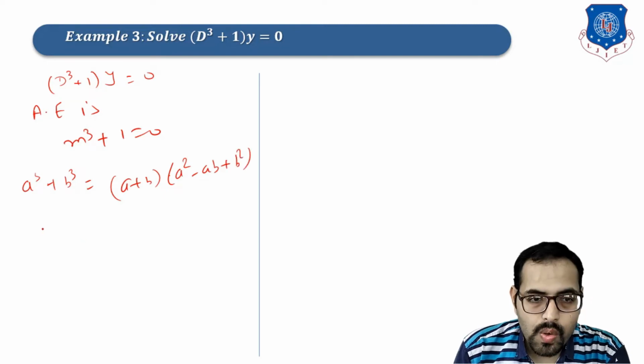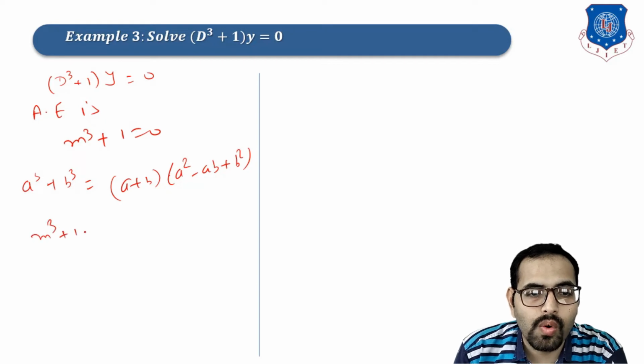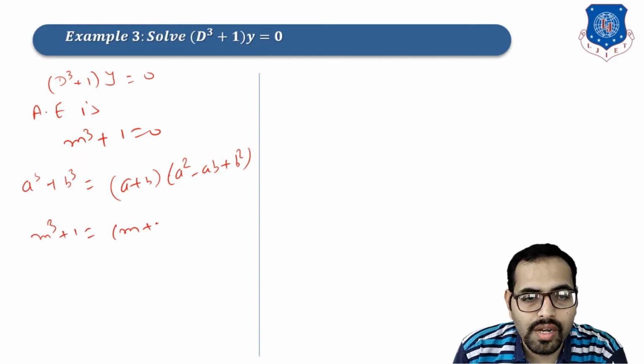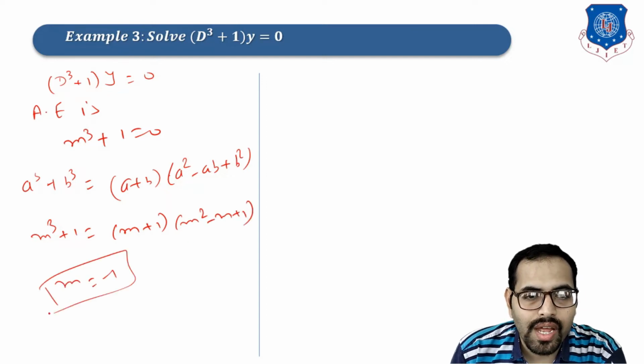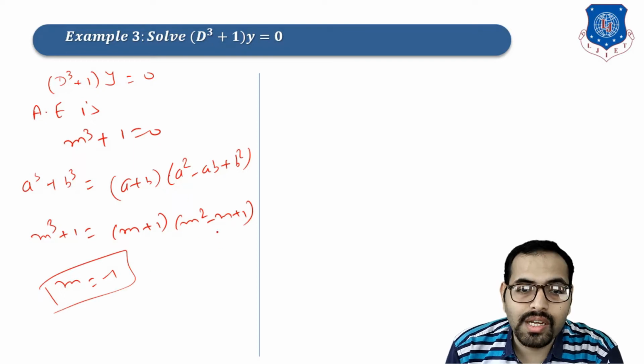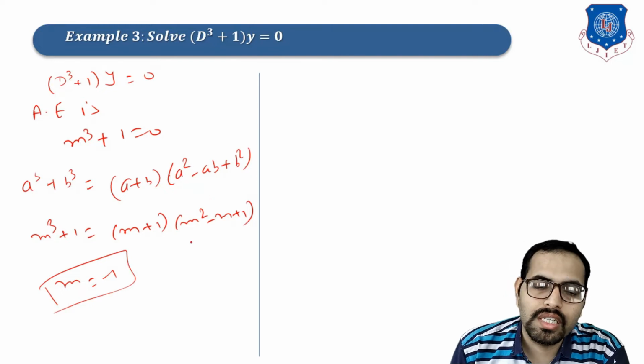So m cube plus 1 equals (m plus 1)(m square minus m plus 1). One factor is m equal to minus 1, and we factorize m square minus m plus 1 with the help of Sridharacharya formula.